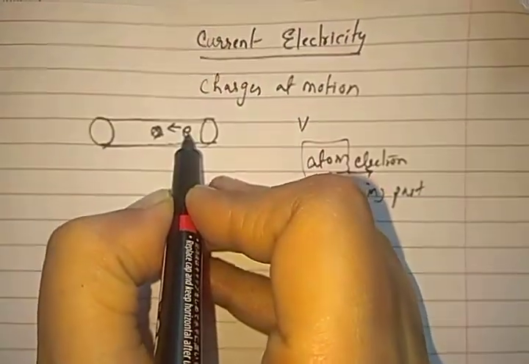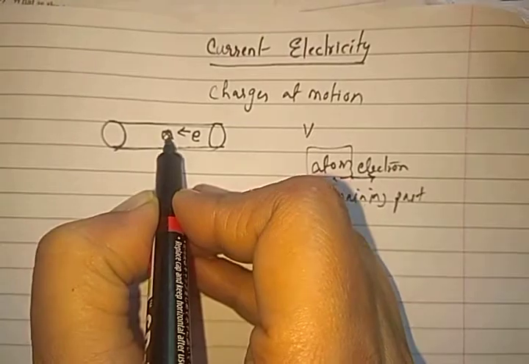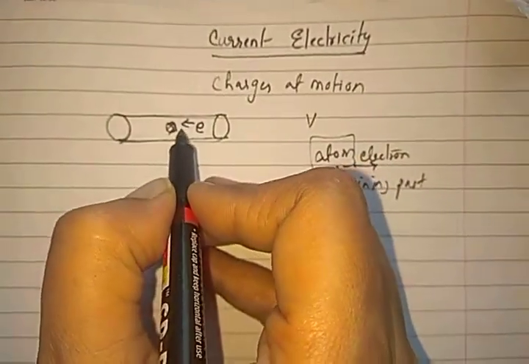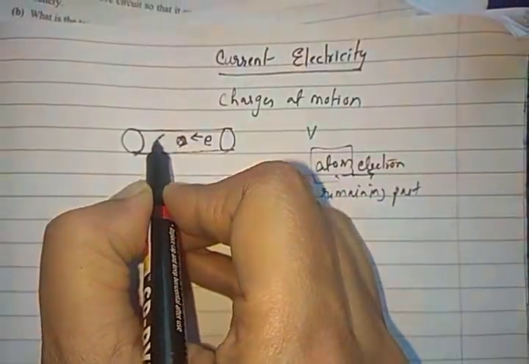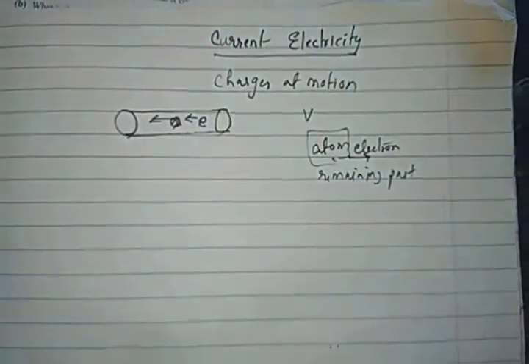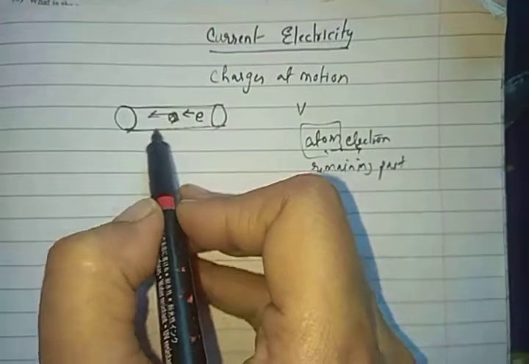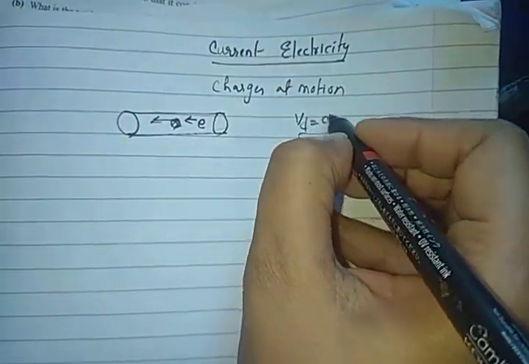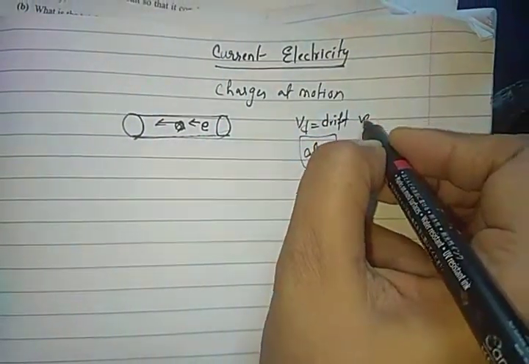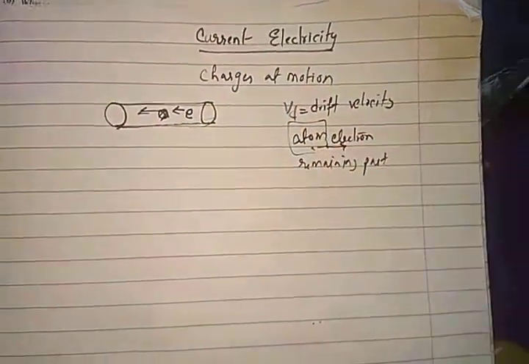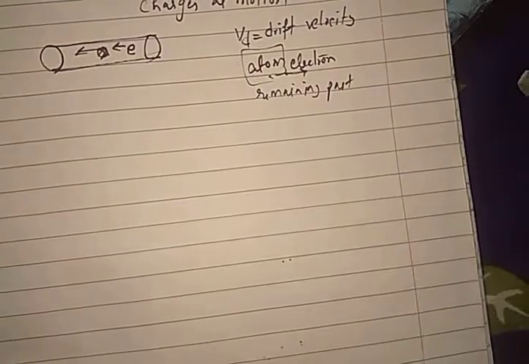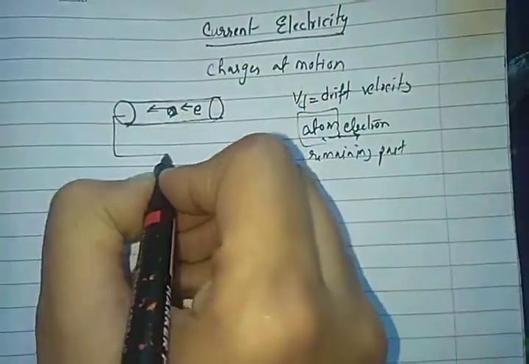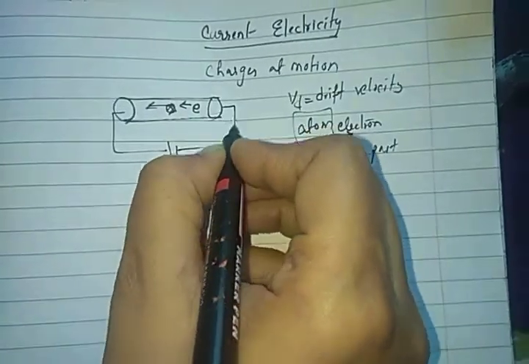When the electron moves, it will strike, it will collide with this kernel, and after collision it will again regain its velocity and then proceed forward. This way a velocity gets generated, which is known as Vd, the drift velocity. What is this called? Drift velocity: the velocity with which the electrons are drifted towards the positive end of the conductor.